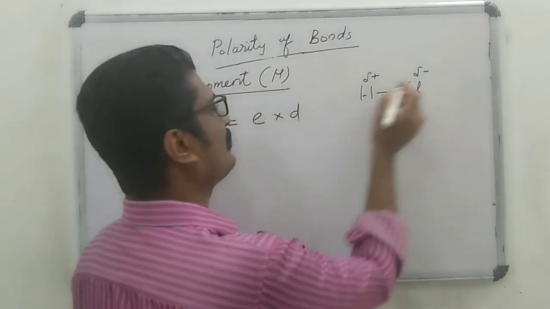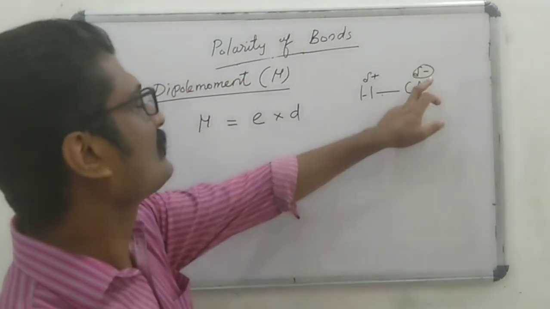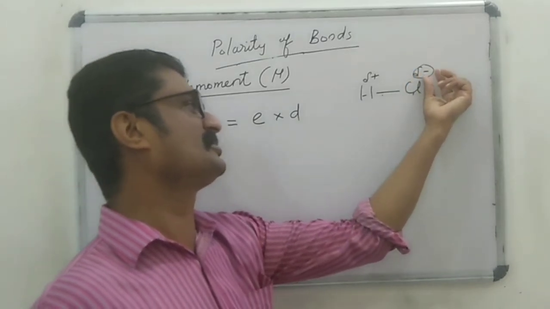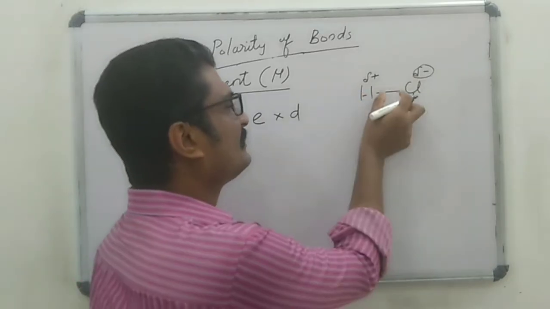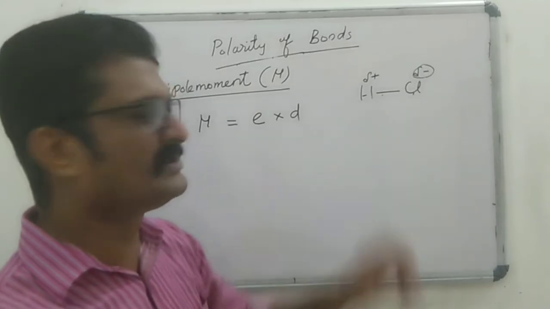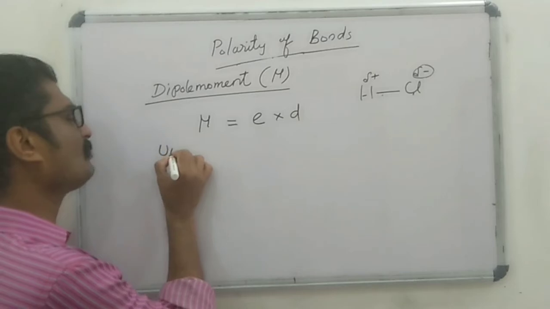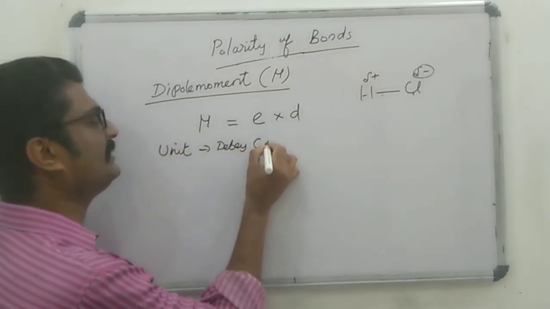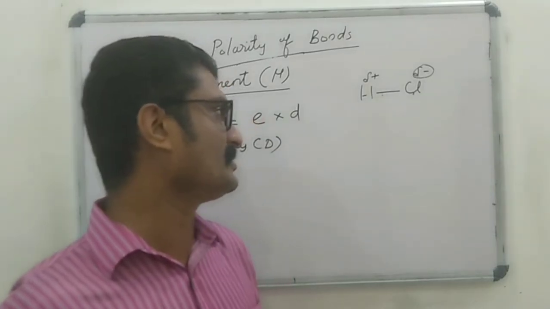Here the dipole moment can be calculated by multiplying the magnitude of the charge developed on any of the atoms, chlorine or hydrogen, and the distance between the bonded atoms. The unit of dipole moment is debye, D.